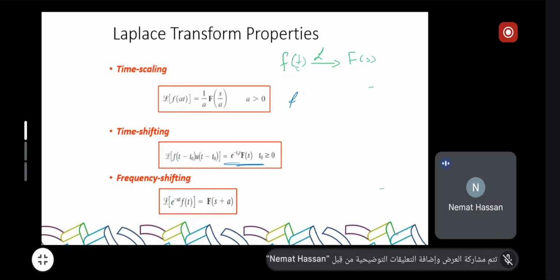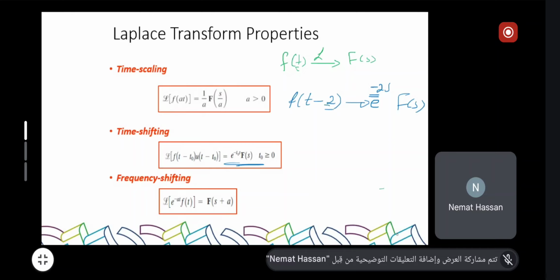So if you have f of t minus 2, for example, then the Laplace transform will be e power minus 2s times F of s. Make sense? So if you shift in time, you just multiply by an exponential with a power equal to that shift value.